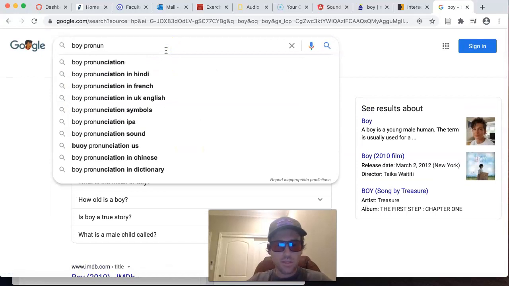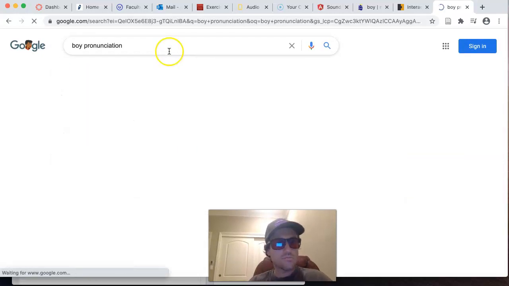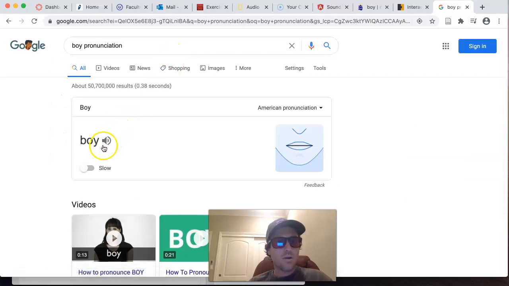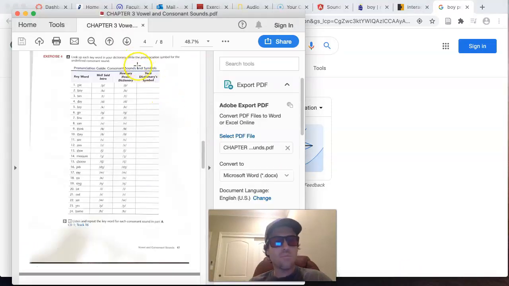Maybe put in pronunciation for good measure. And there we are. Boy. If you want to have extra practice for pronunciation. All right, that is exercise 4, page 17, consonant sounds in English.